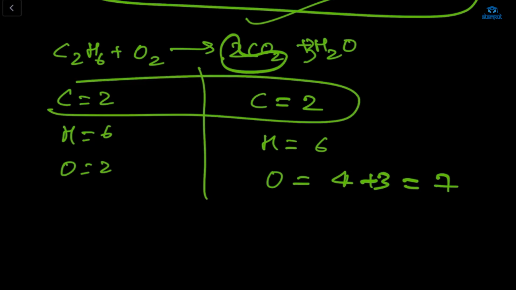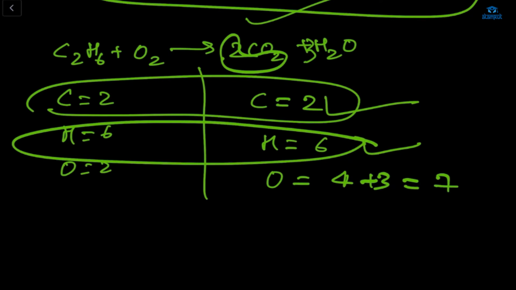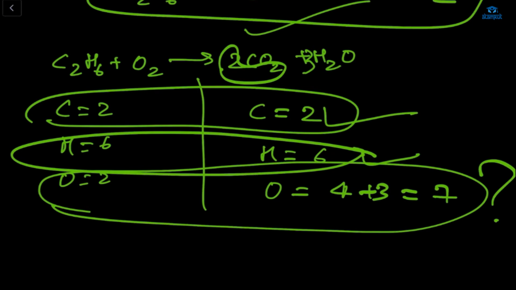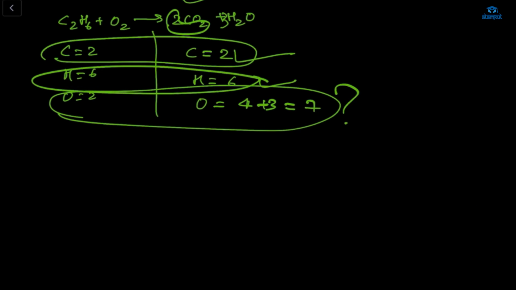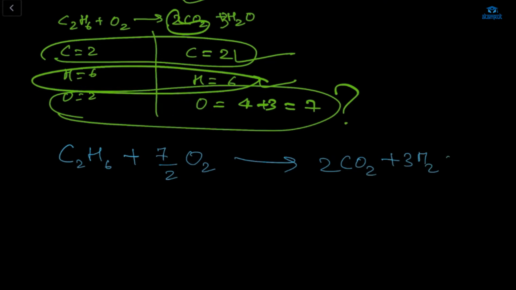So this is balanced. Now how to balance this? Navya, how to balance this? No idea? Okay. See, C2H6 plus, what if we write 7 by 2 O2 giving 2CO2 plus 3H2O, because we have to make this 7?